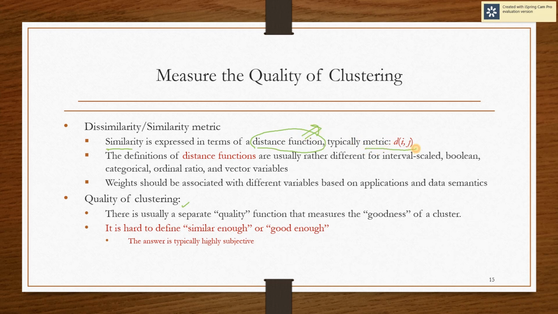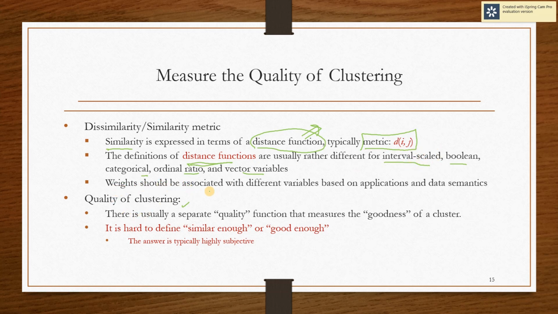Typically the metric would be d(i,j). The definitions of this distance function are usually rather different for interval scale, Boolean, categorical, ordinal, and vector variables. So you have to bear in mind that those functions are different for every type of variable.